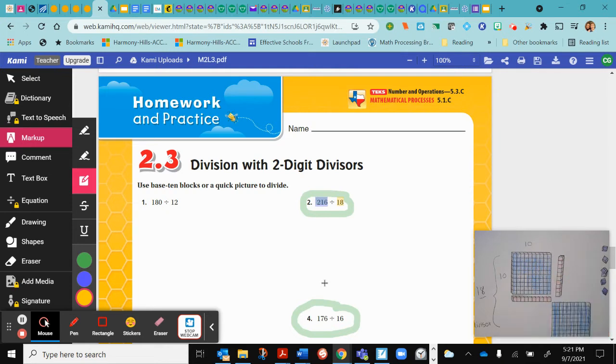So this is 10, 20, 30. Oops. I'm reaching into my Ziploc bag. 40. Almost there. 50, 60.